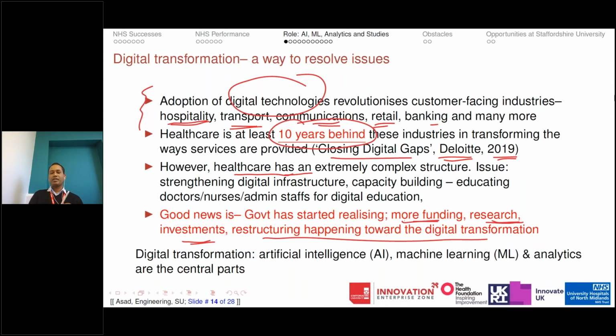Still, we hope that once COVID is gone, things will start to become normal again, and then this transformation will take place.